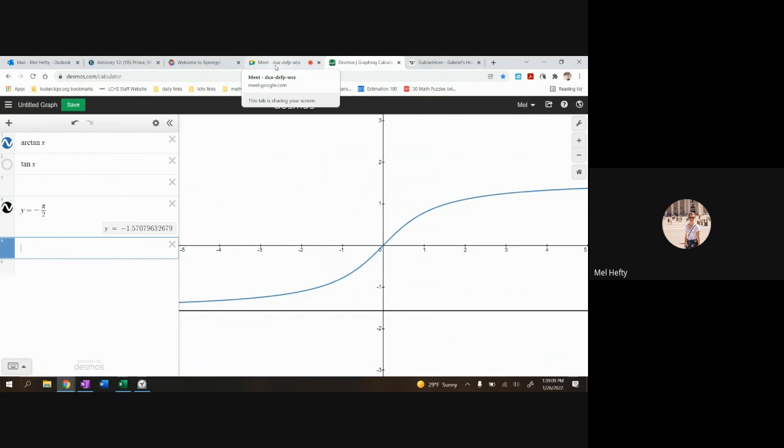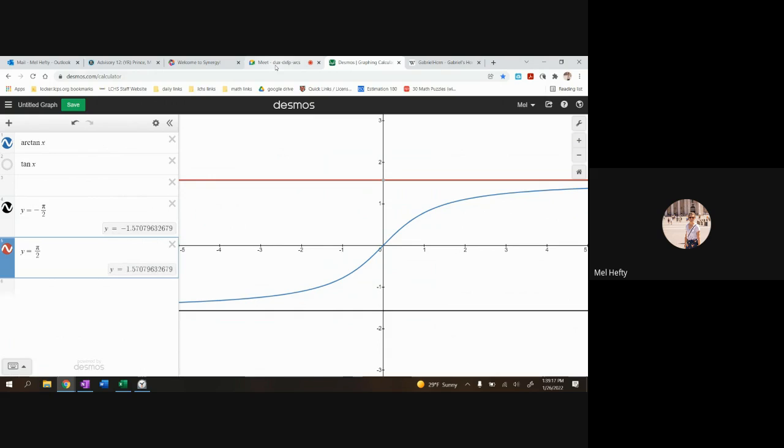My sound's on, yeah. Anyone think they know the other one? This graph's pretty symmetrical. Pi over 2. Perfect. So those are the 2 values that we need to know: as I go towards positive infinity, positive pi over 2, and towards negative infinity, negative pi over 2. Another thing we need to know is 0, comma, what point is on this graph?